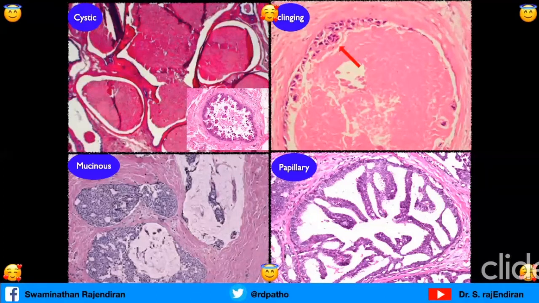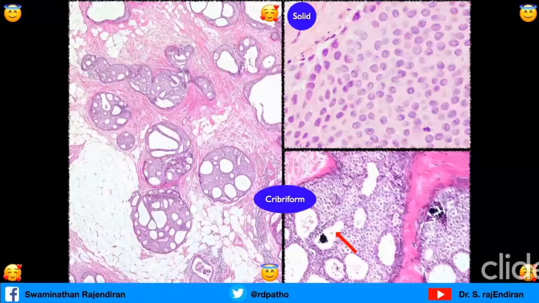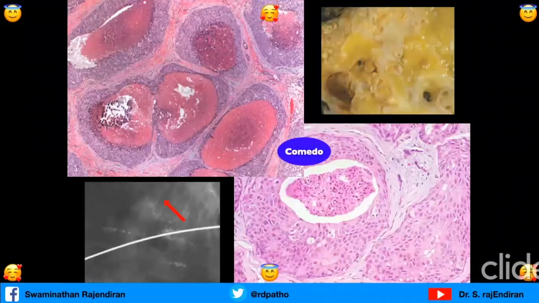This is mucinous DCIS. This is papillary DCIS. And this is a solid DCIS. And here, this part and this part, they are cribriform DCIS. See the luminal spaces. They are more or less the same, uniformly distributed. That is very, very important, and we will see it in the table. And this is the classic example of comedonecrosis.